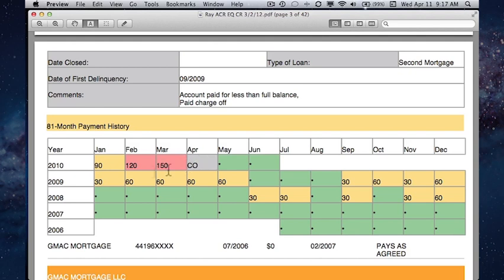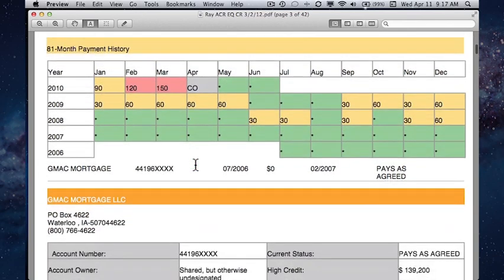Charge-off is what happened here, so you can tell it went from, in 2009, 30, 60, then it got caught up, another 30, another 60, then it went to a 90, those are all yellow, went to 120, 150, and was charged off. So this gives you an idea of the payment history for this particular account.